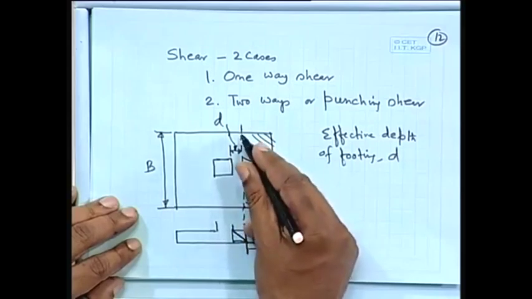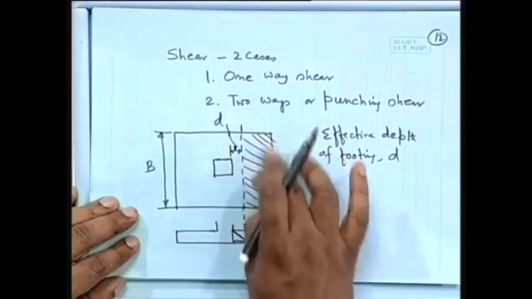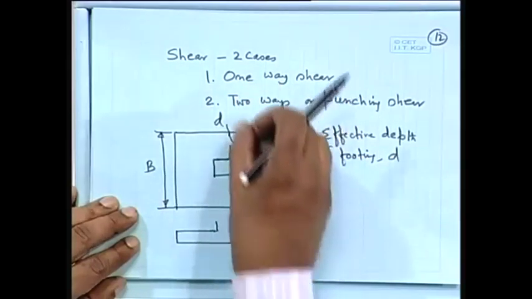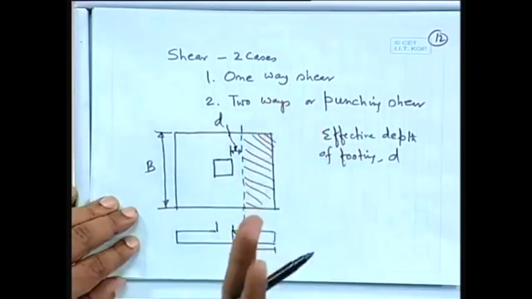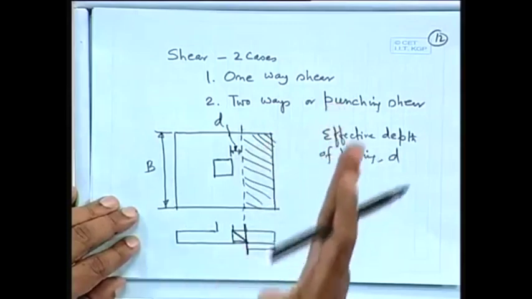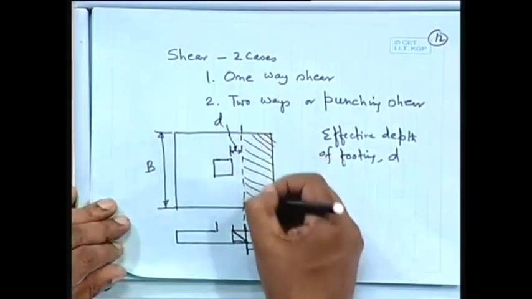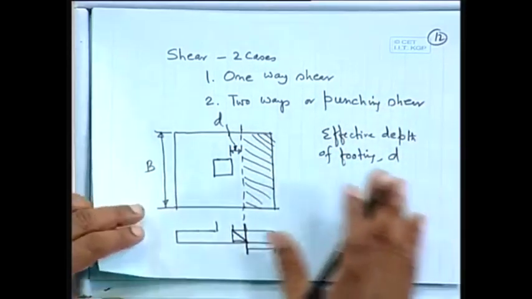Again here B times the D, and due to this load, because we have to resist this portion. Whatever shear force will come due to this load, on the left side, at this section, that we have to resist. Here again we are talking about a vertical section, the section of the wall or whatever we consider, that section you have to resist. So depth times this length, that we have to resist. So these are the different cases we get here.